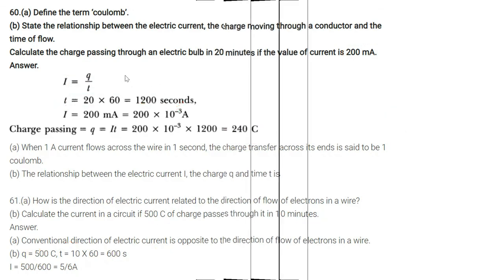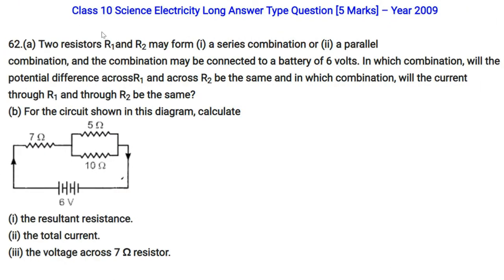Two resistors R1 and R2 may form a series combination or a parallel combination, and the combination may be connected to a 6-volt battery. In which combination will the potential difference across R1 and R2 be the same, and in which combination will the current through R1 and R2 be the same? This has to be found out, and there is another question which we'll see just now.